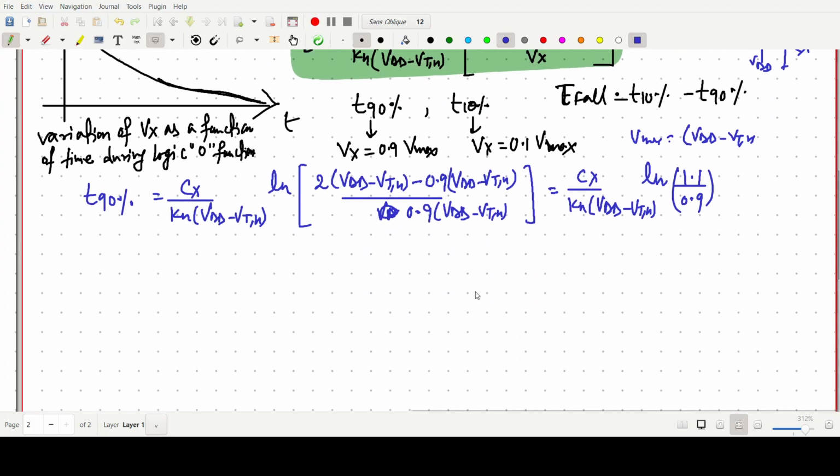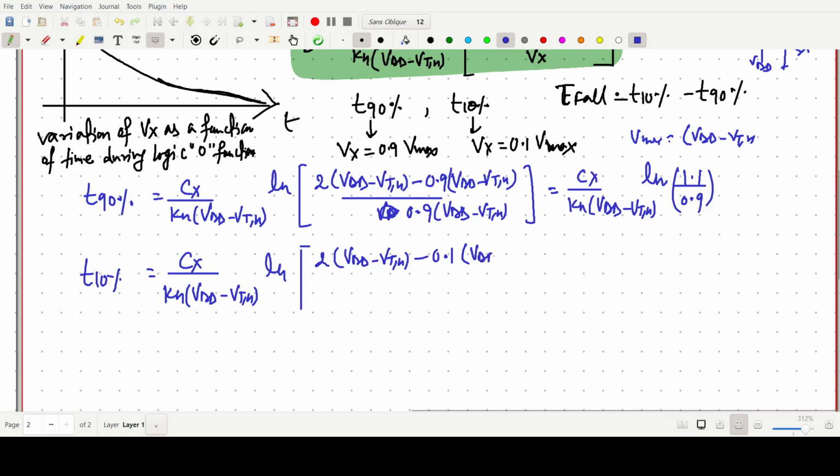Similarly, if we find T 10%, Cx Kn (VDD minus VTN), a very similar expression: twice times (VDD minus VTN) minus 0.1 Vmax, where Vmax is VDD minus VTN, divided by 0.1 times (VDD minus VTN).